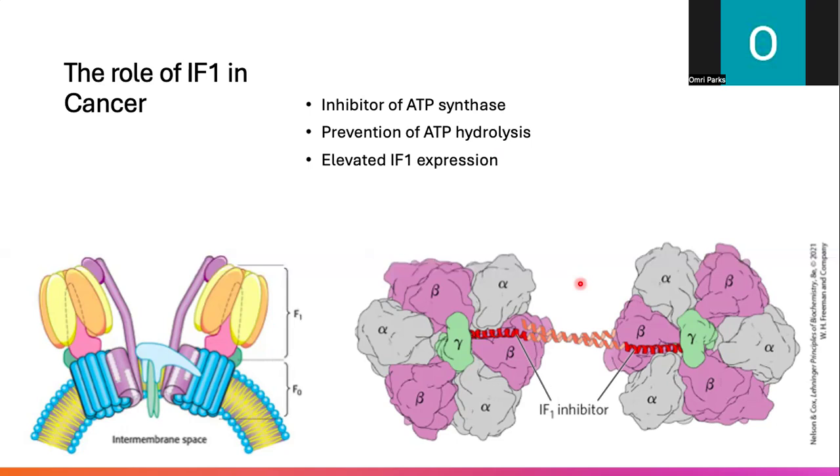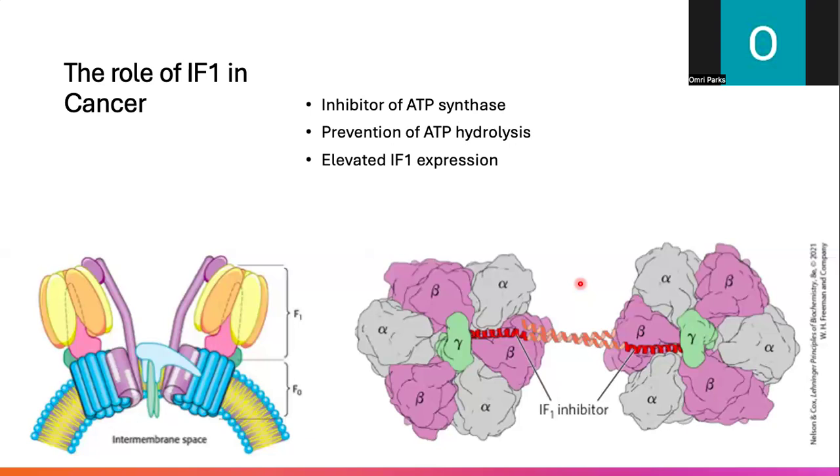Specifically, the paper was able to find that IF1 has been implicated in protecting cells from apoptosis by maintaining mitochondrial morphology.